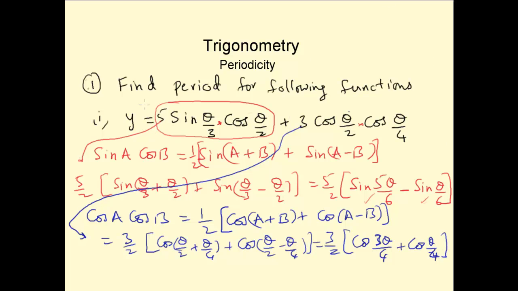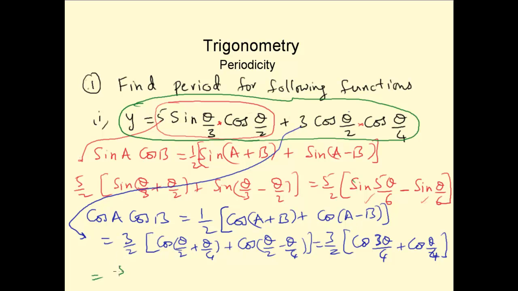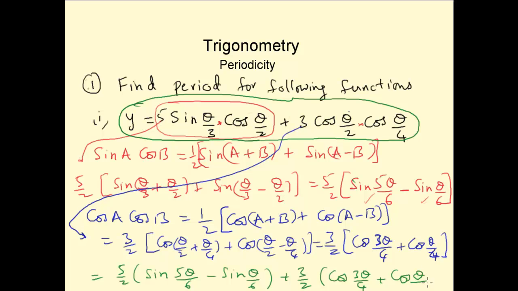Now this whole function, y equals 5 sine(theta/3) cos(theta/2) plus 3 cos(theta/2) cos(theta/4), can be written as 5 by 2 times sine(5 theta/6) minus sine(theta/6), plus 3 by 2 times cos(3 theta/4) plus cos(theta/4).